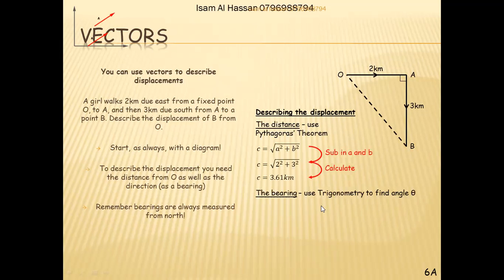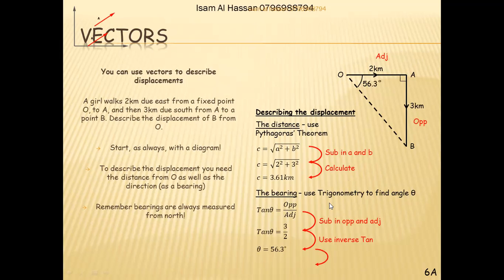In this way, that's your C. For the bearing, we use trigonometry to find the angle theta, which is this one. We have to tell the bearing from the north. Now tan, then we do tan inverse, that's 53.3.